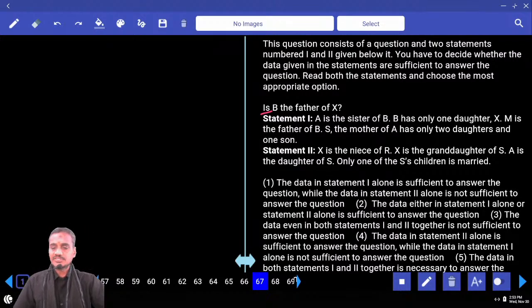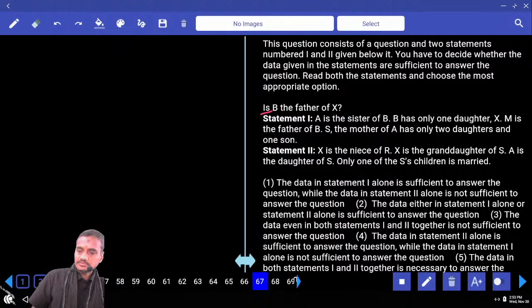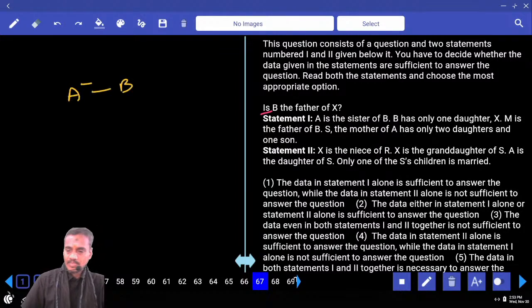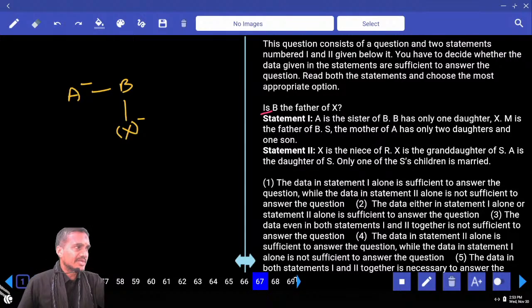Then statement 1: A is the sister of B, and B has only one daughter. B has only one daughter doesn't mean there are no sons; the daughter is only one, and sons could be any number. There is no information regarding sons.